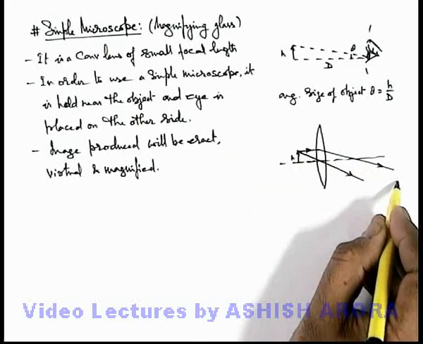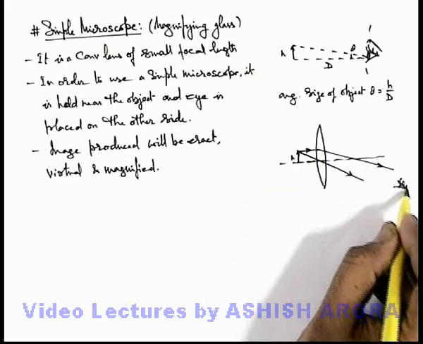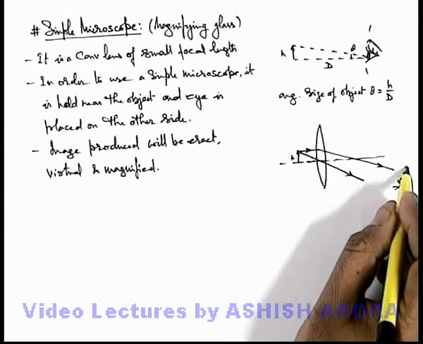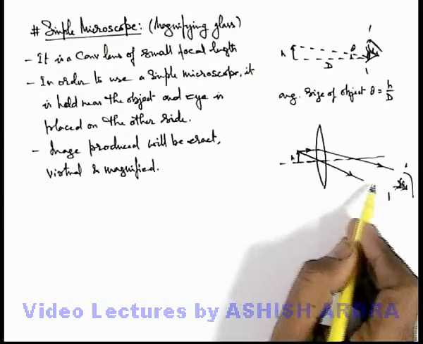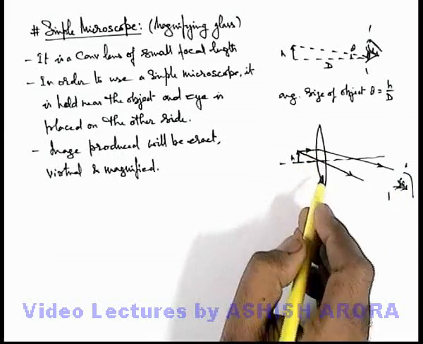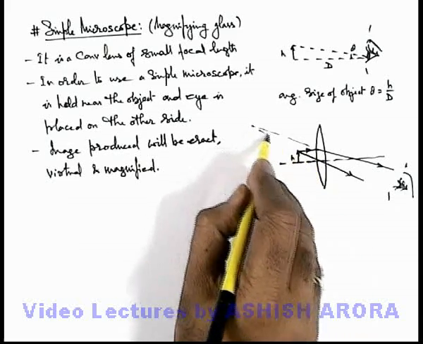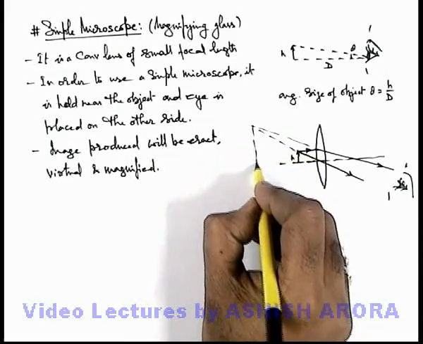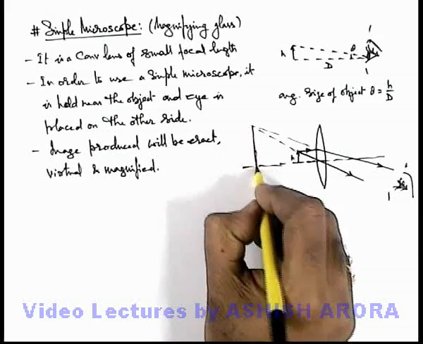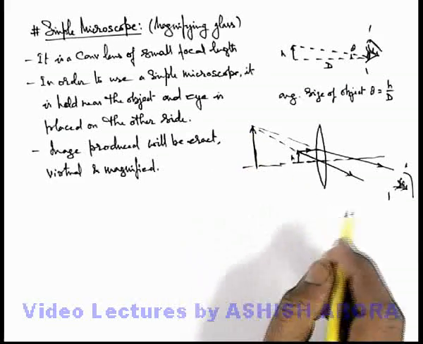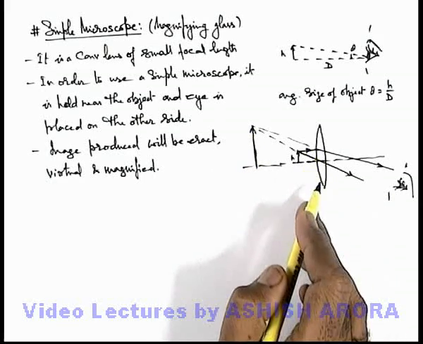If the observer's eye looks through the magnifying glass, the image seen would be somewhere here, and this is the image seen by the observer.